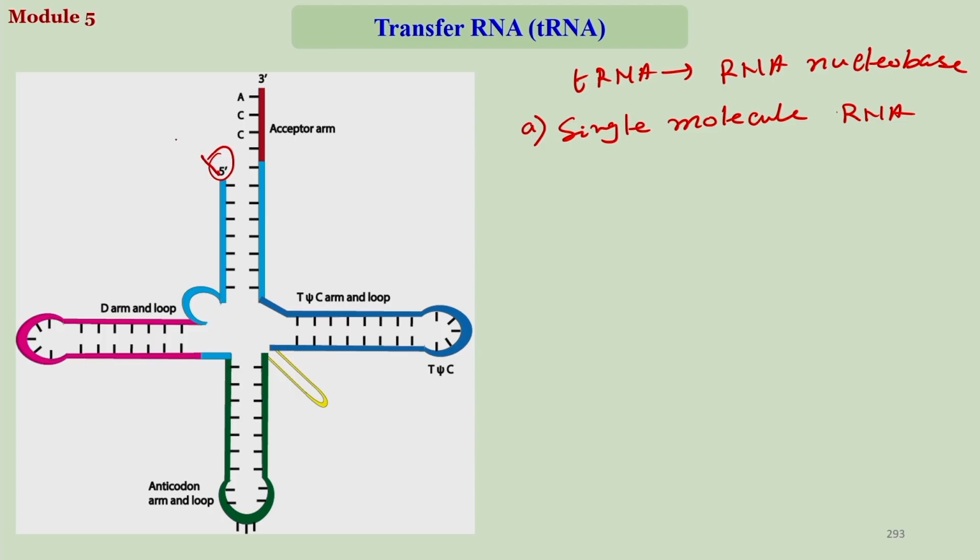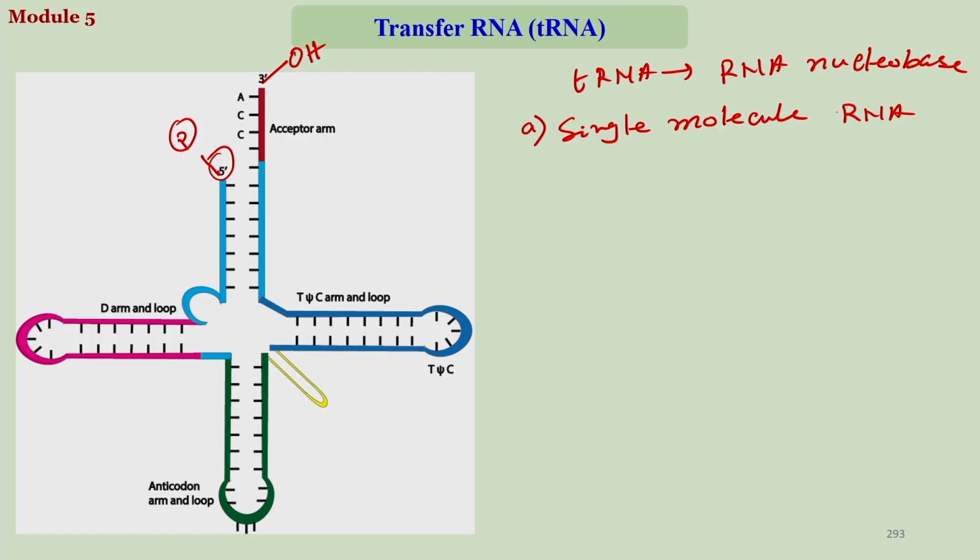I am sorry, there should be a phosphate at the 5 prime. It goes all the way here, makes different variations of structures that we will talk about, but without a gap, without a break, goes all the way up to the 3 prime end, and the 3 prime end has a free hydroxyl group. So, it is basically a single RNA molecule.